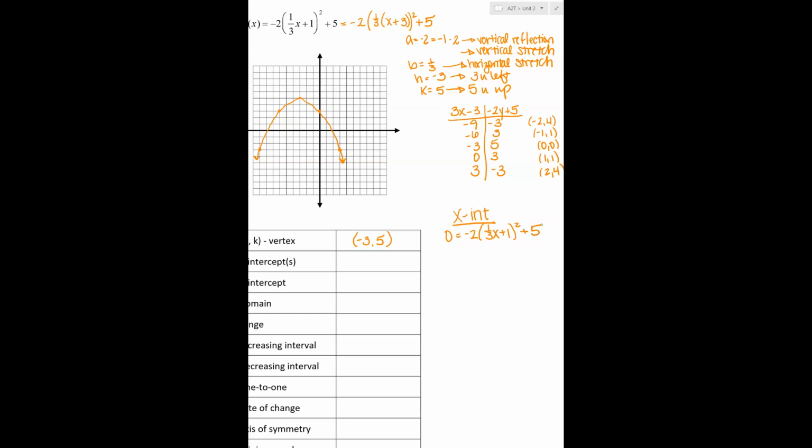So I'm going to subtract 5. I get -5 is equal to -2 times the quantity of 1/3 x plus 1 quantity squared. And then divide by -2. So we get the quantity of 1/3 x plus 1 squared is equal to 5/2. Take the square root, so we get 1/3 x plus 1 is equal to plus and minus the square root of 5/2.